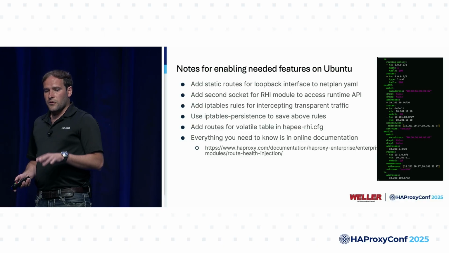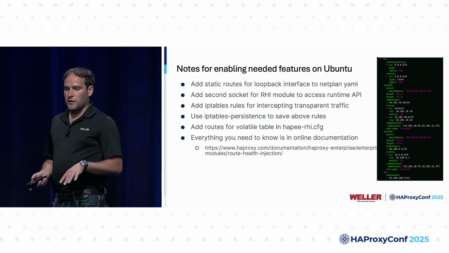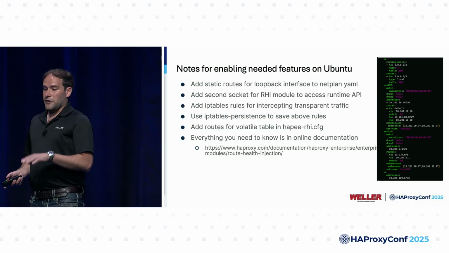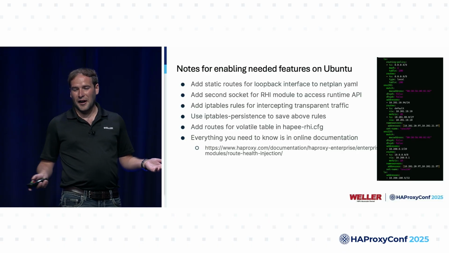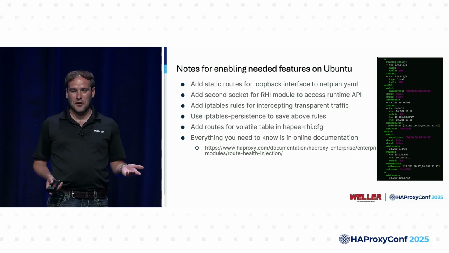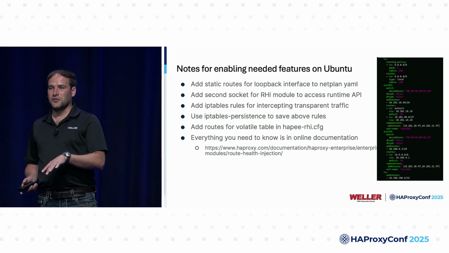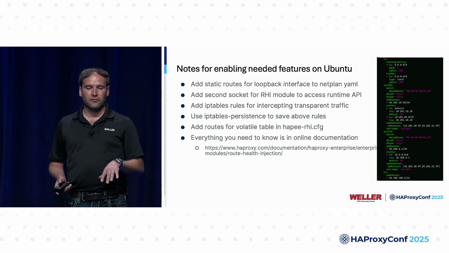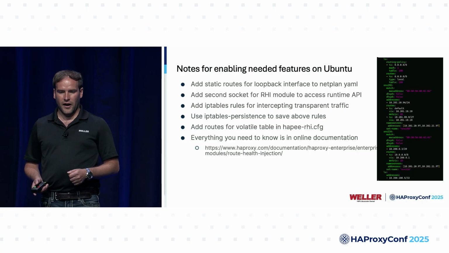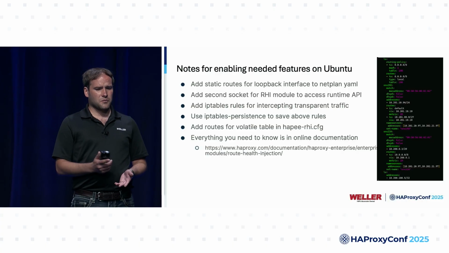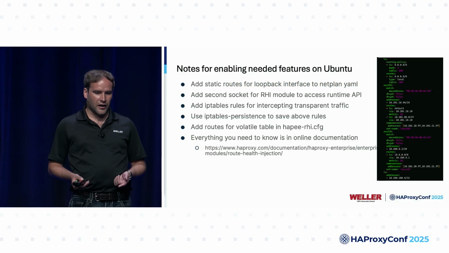Now, some notes for enabling these features on Ubuntu. I just found out yesterday this is going to get a whole lot simpler with their new appliance release, so the point may be moot. But the documentation does cover all this excellently if this is something that you want to try to reproduce or do in your environment. You need to add some static routes on the loopback interface.